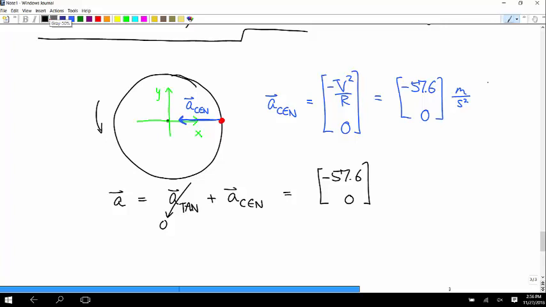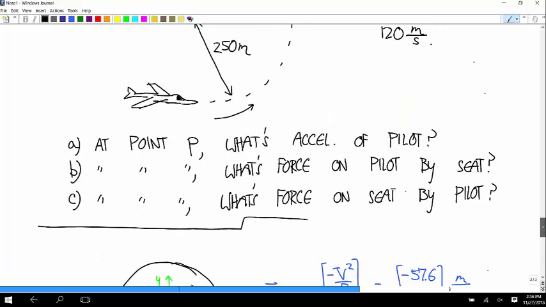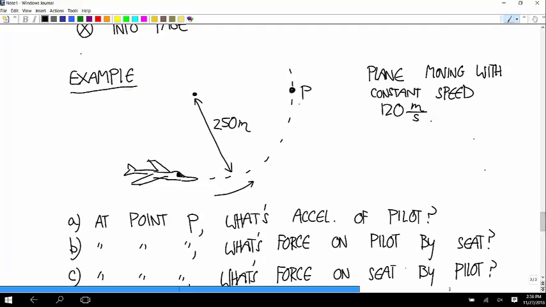Now we can do a free body diagram, and now we're finally ready to go to Newton's second law. If the point we're looking at is this point P, the plane would be going straight up at that instant. So the pilot would be looking straight up into the air, like he's lying on his back.